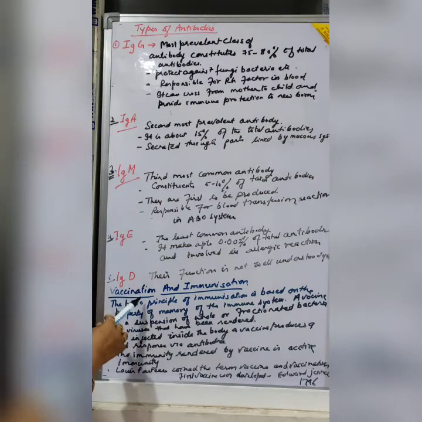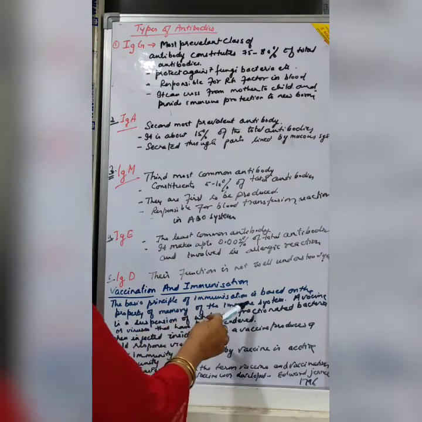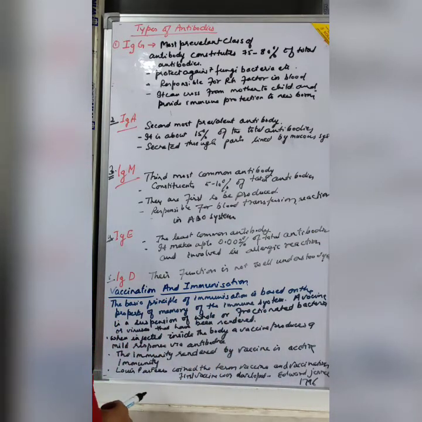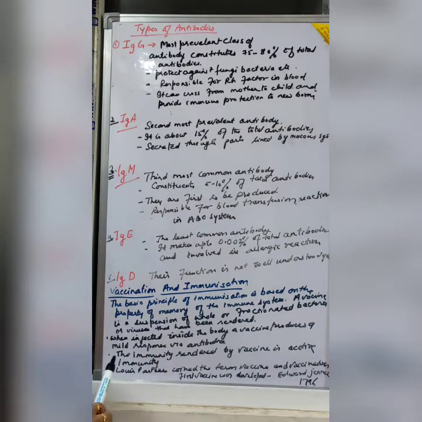Next we will come to vaccination and immunization. The basic principle of immunization is based on the property of memory of the immune system. A vaccine is a suspension of whole or fractionated bacteria or virus that have been rendered harmless. When introduced inside the body, a vaccine produces a mild response, that is antibodies.